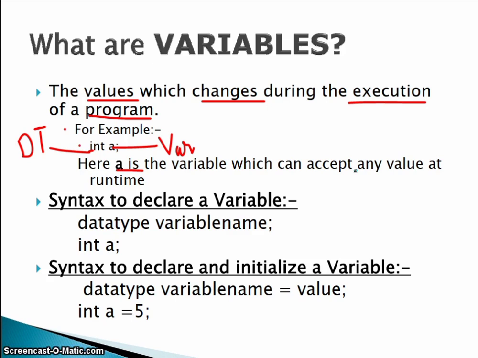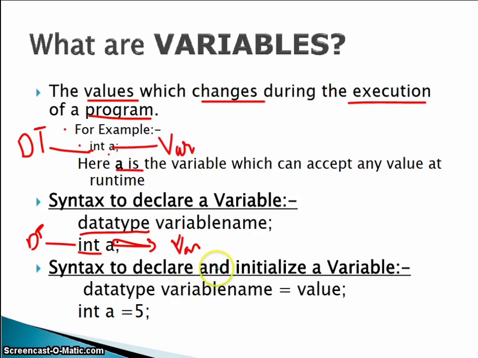During the execution of the program, the variable a can have any value. Here is the syntax to declare the variable. First, you should mention the data type, which could be short, byte, int, long, double, boolean, char, anything, and then the variable name. Example, int is the data type, and a is the variable.